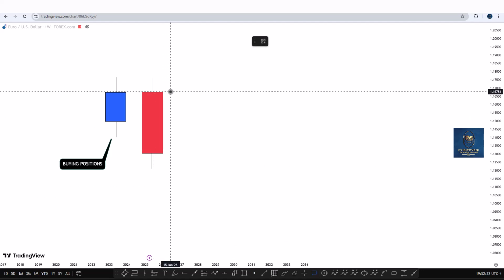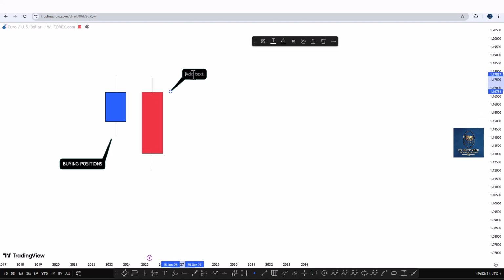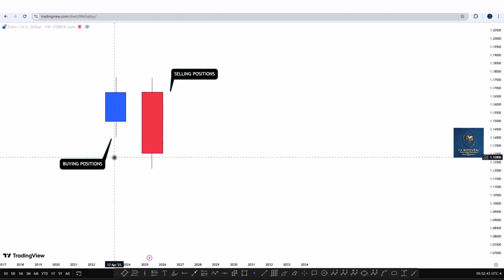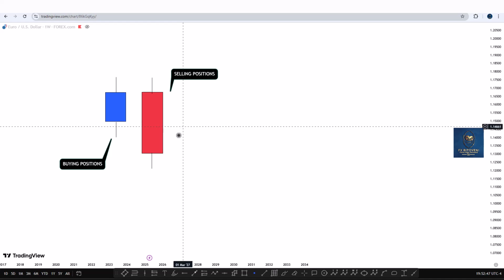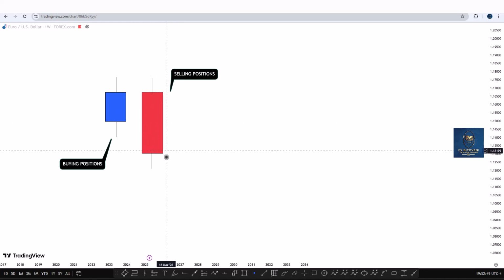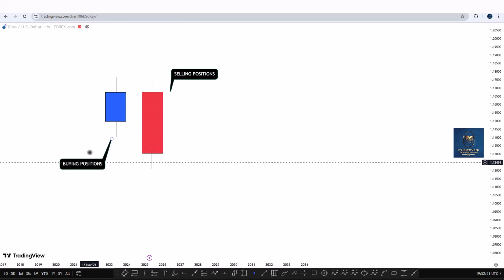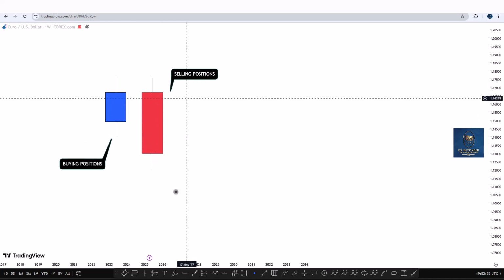You understand? If you compare, you can see the selling positions are far bigger than buying positions.